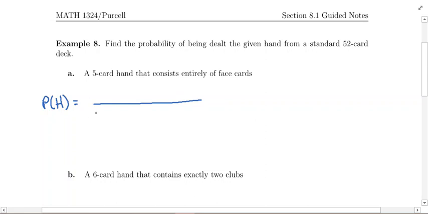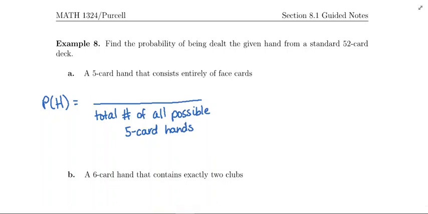The bottom is going to be the total number of all possible 5-card hands, because we're trying to compute the probability of being dealt a specific 5-card hand.